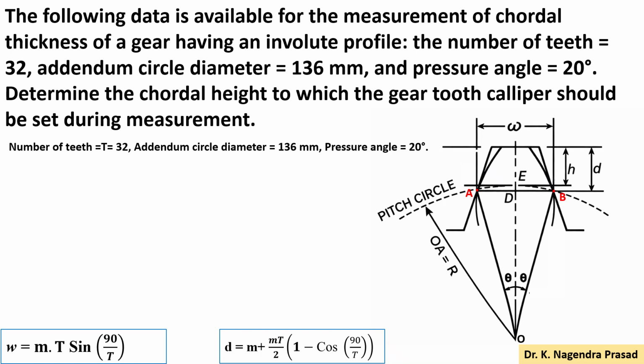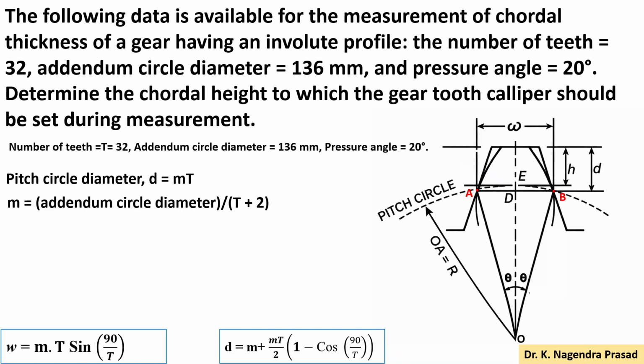So we have to calculate the module m value. For this I use two formulas. The first relation is pitch circle diameter small d equals m into capital T. The other equation is module m equals addendum circle diameter divided by T plus 2.